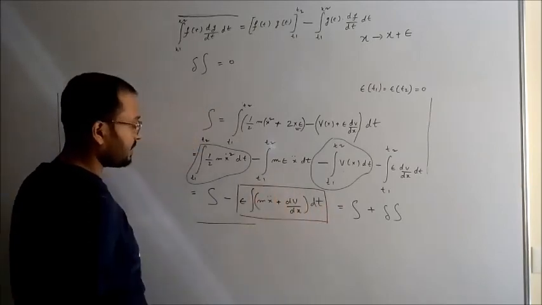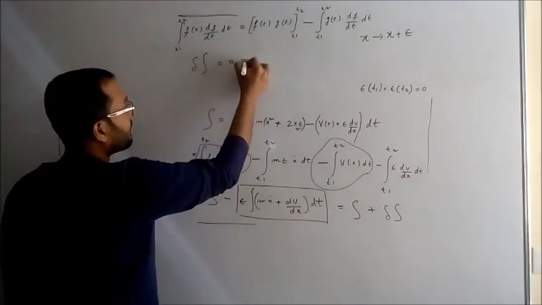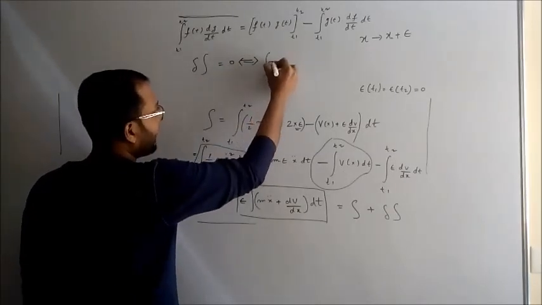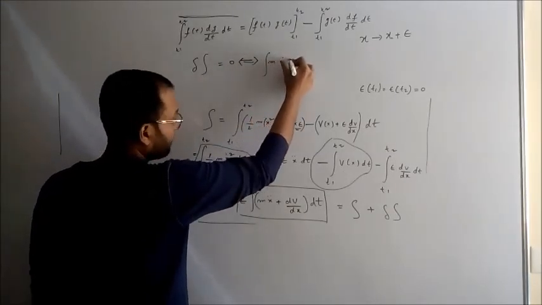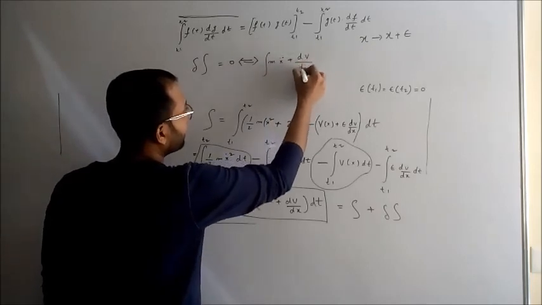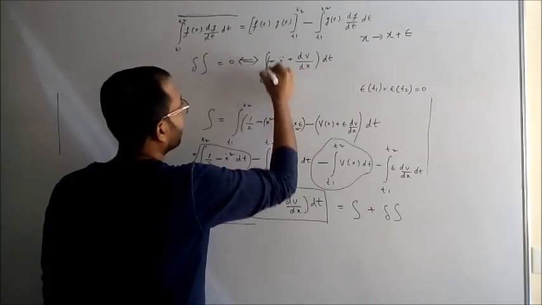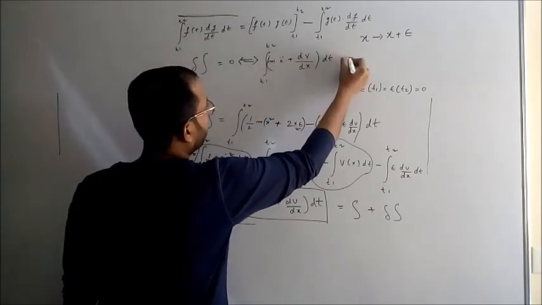If this quantity has to be 0, it means that integration m x double dot plus dV by dx, all integrated in time, has to be 0.